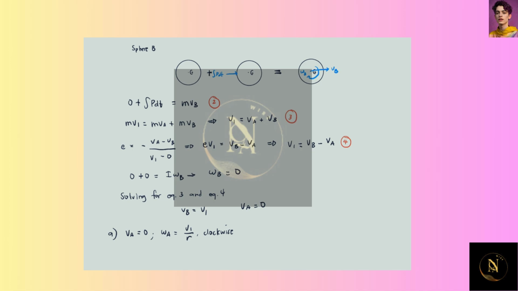For sphere B, its velocity is equal to V1 to the right, and its angular velocity is equal to 0.